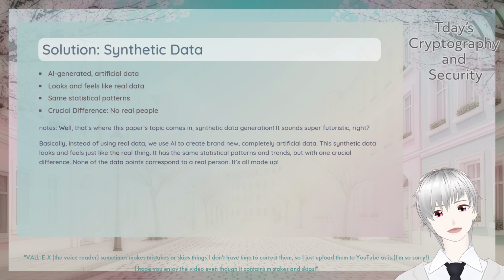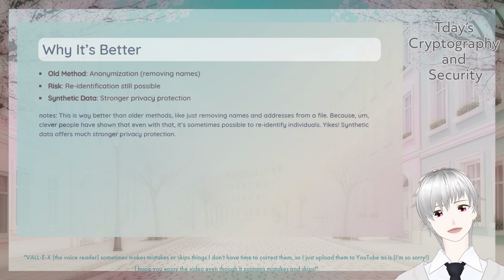None of the data points correspond to a real person. It's all made up. This is way better than older methods, like just removing names and addresses from a file, because clever people have shown that even with that, it's sometimes possible to re-identify individuals. Yikes!